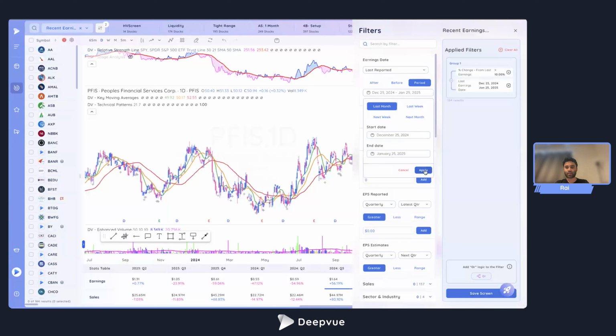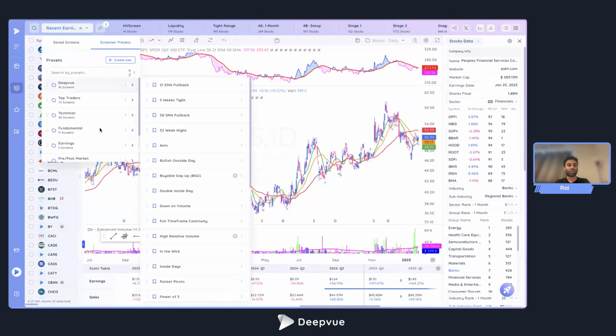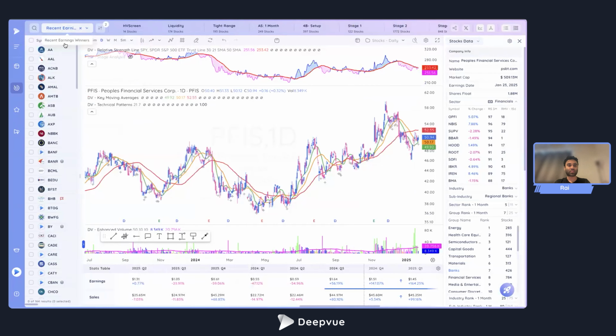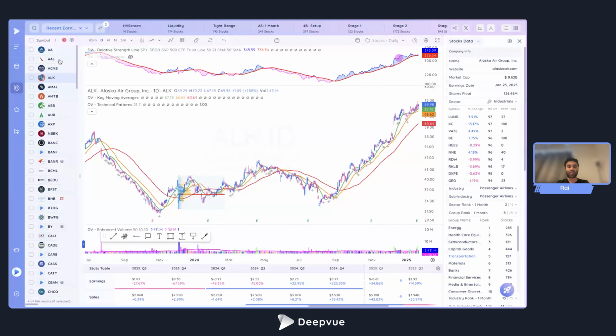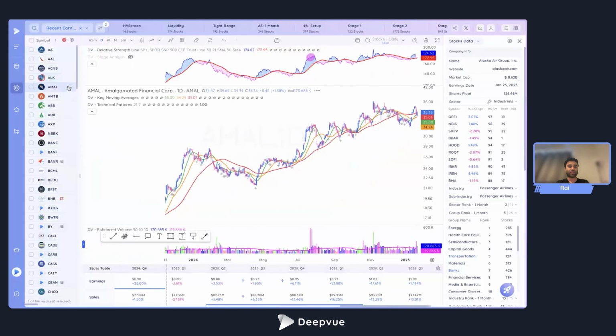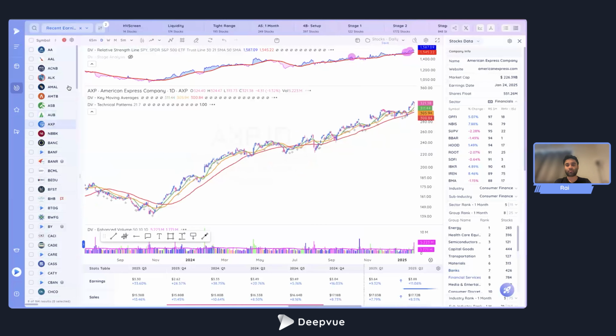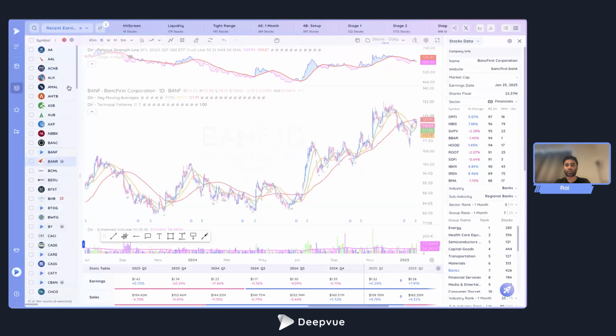It might be a bug that we haven't gotten to just yet, but essentially it looks at the price percent change from the last earnings cycle. So this is another scan that gives you really key information on which stocks are moving up on earnings. And this could also be a pseudo high volume scan or an episodic pivot scan or a PED or a PEG, whatever you want to label that on the charts.